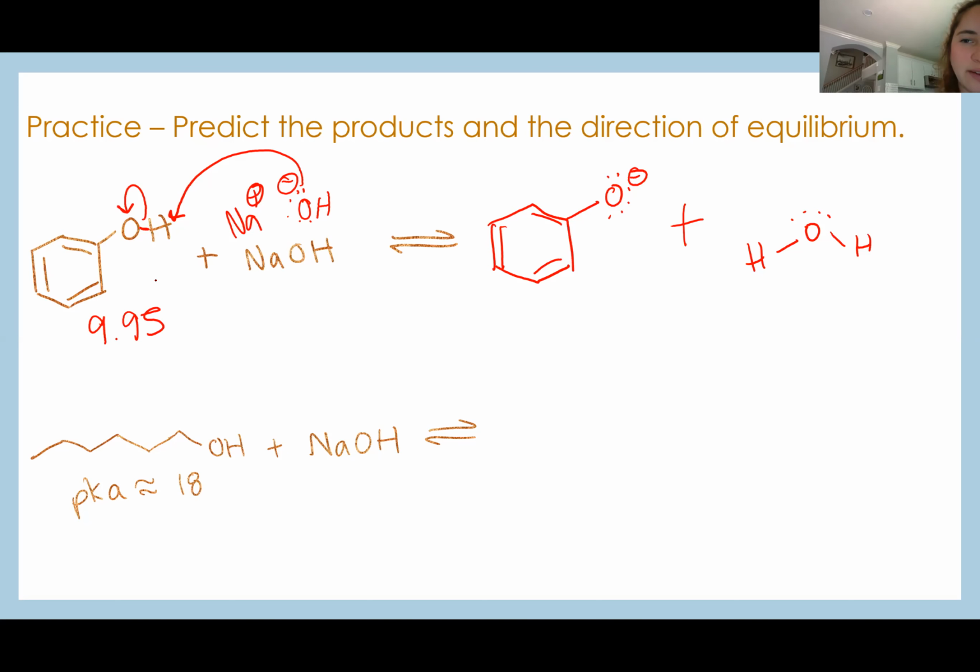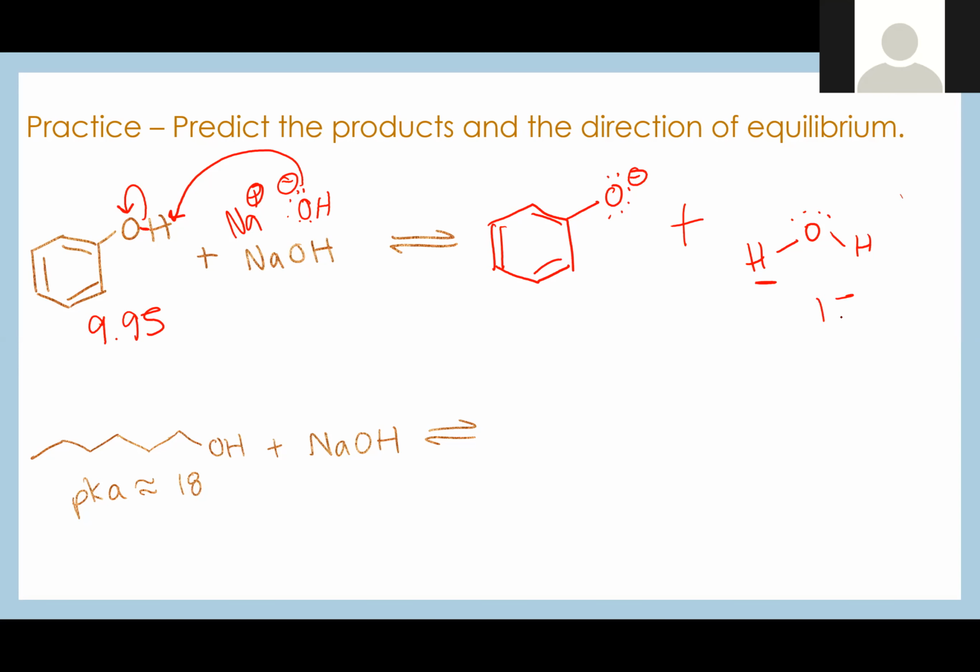I learned 9.95, so I tend to write that one out. What is the acid on the product side? Water. Right, so water is the conjugate acid of the base. And what is the pKa of water? 15.7.